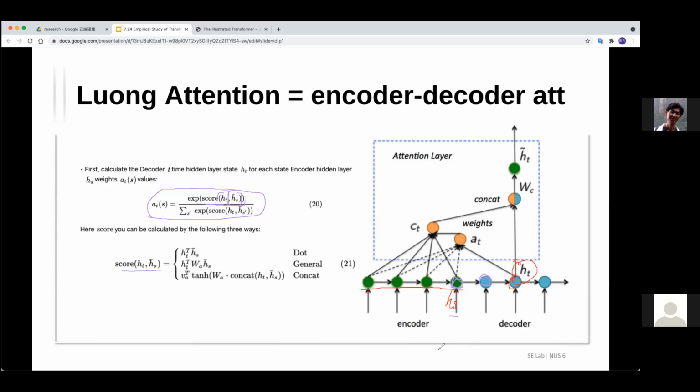And here, will you please specify more about this S prime here? S prime just means, for a specific HS, the other hidden states of the encoder. Can HS be one of the S prime? Yeah, it could be. Correct.